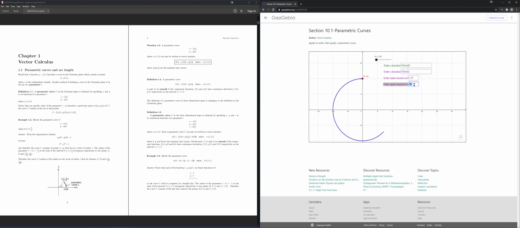And if you want a simpler example, if I use 2 pi, then 2 pi will get me back to this (1, 0) over here, right?